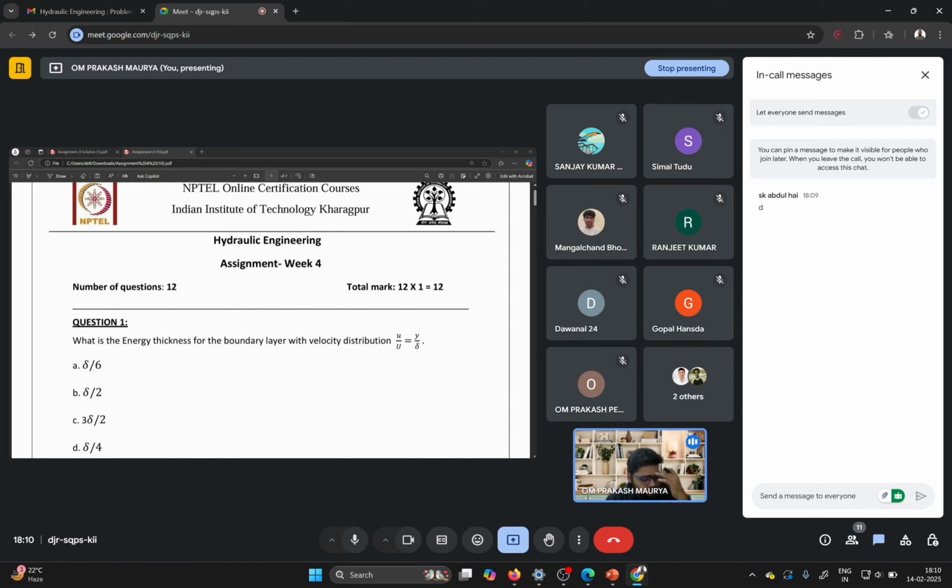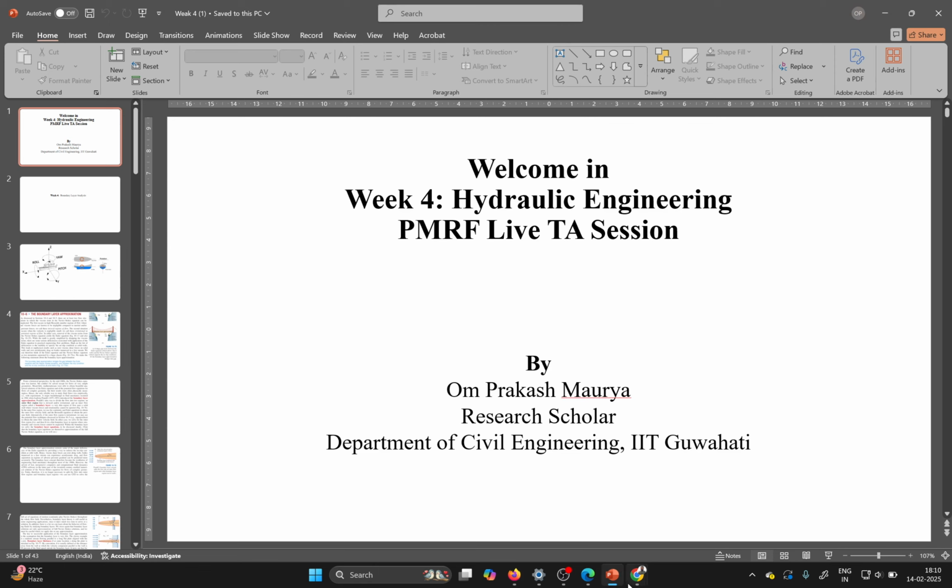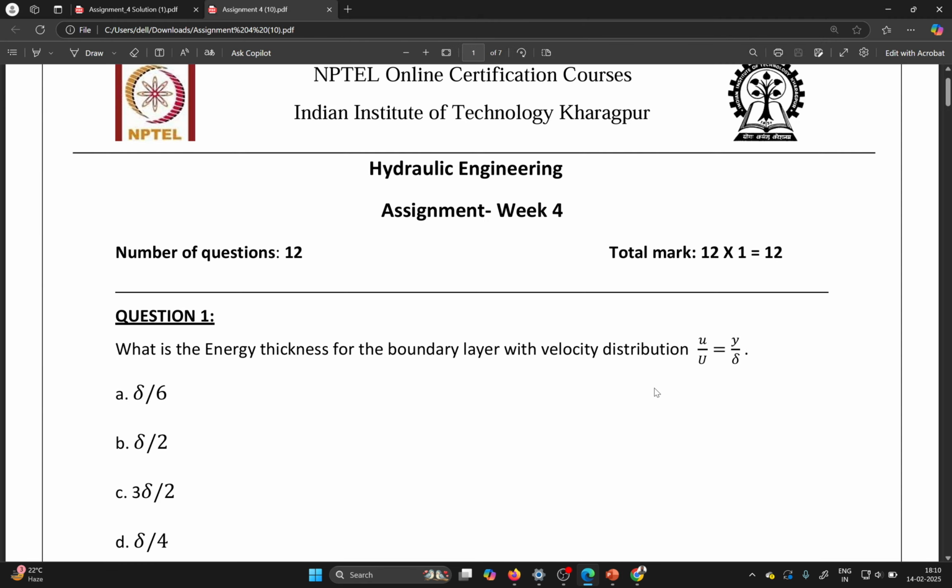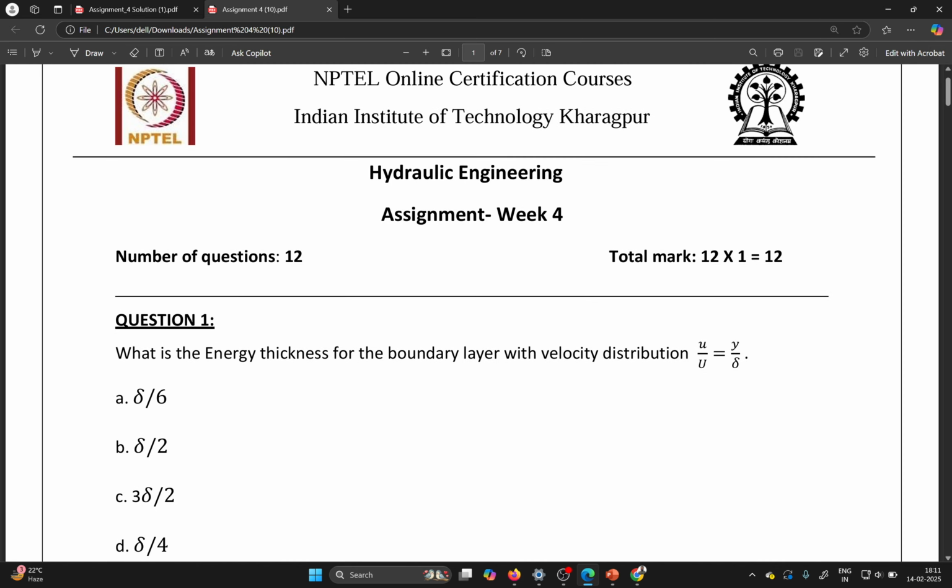Okay, we need to understand first what is the formula of the energy thickness. So let me just show you. The formula of the energy thickness, if you represent it with delta star, is the integral of u by capital U times 1 minus u square by capital U square.